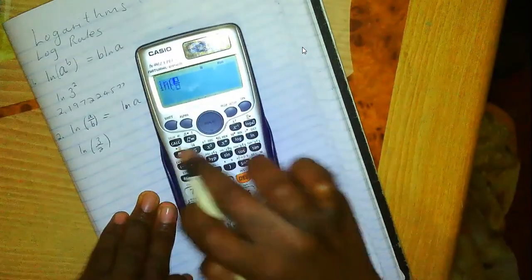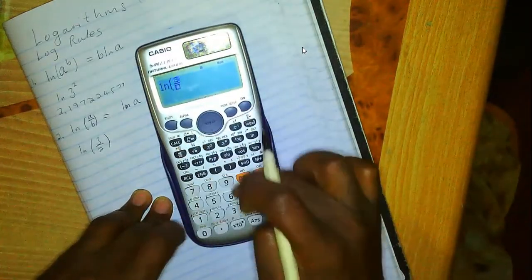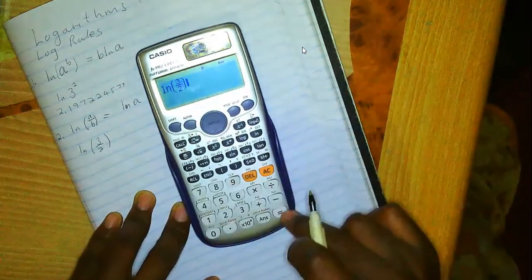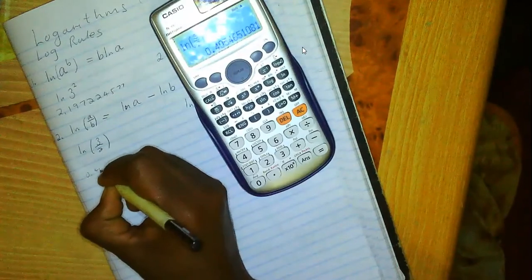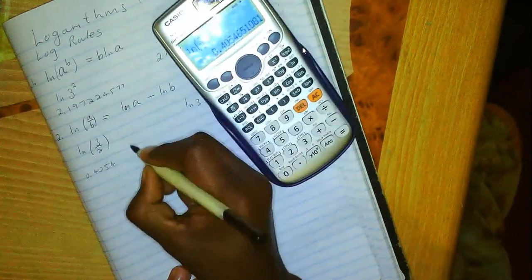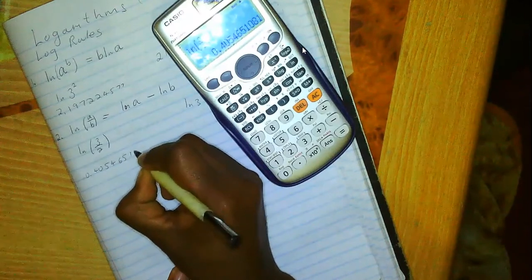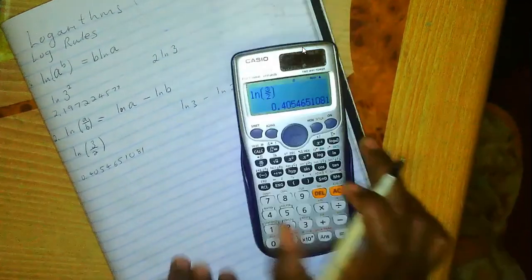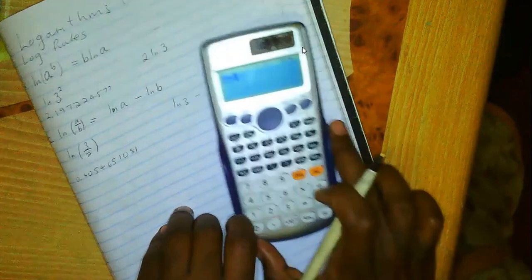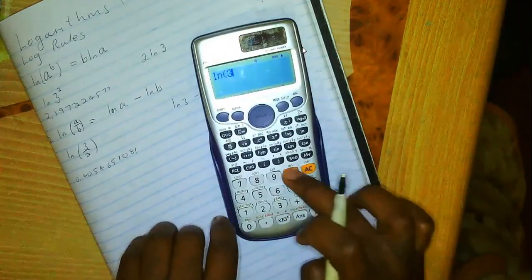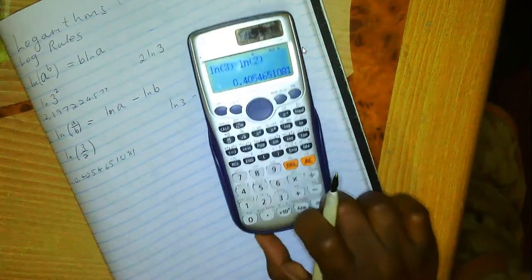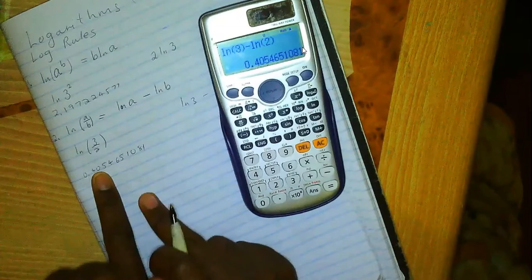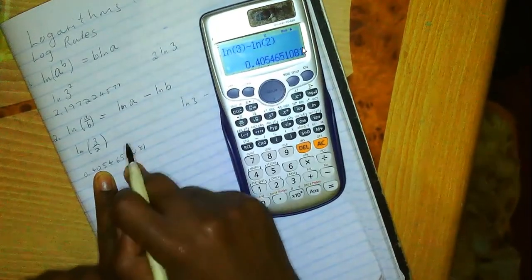Let's put it to the test, shall we? 3 over 2 gives 0.405465 1881. Now let's put ln 3 and subtract ln 2. As you can see, it gives us the exact same number. So this one is true.